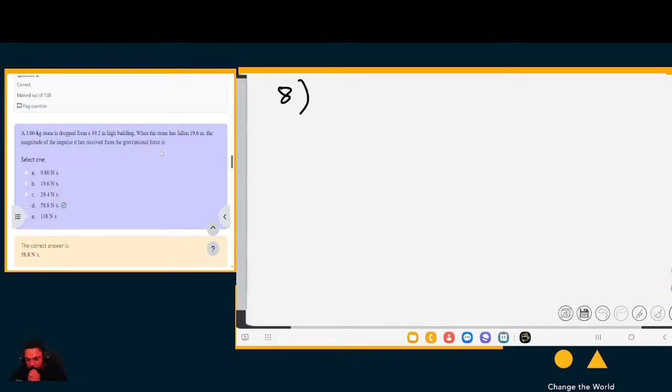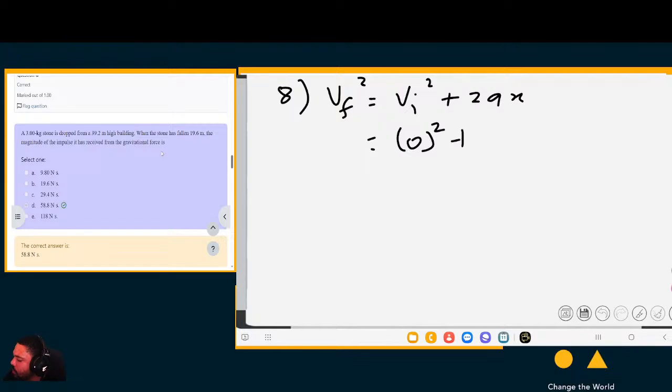Firstly, let's find out what its final velocity is after traveling 19.6 meters. It will be the final velocity squared equals the initial velocity squared plus 2ax. We've used this formula before. The initial velocity is 0, since it's dropped, plus 2 times 9.8 times x.